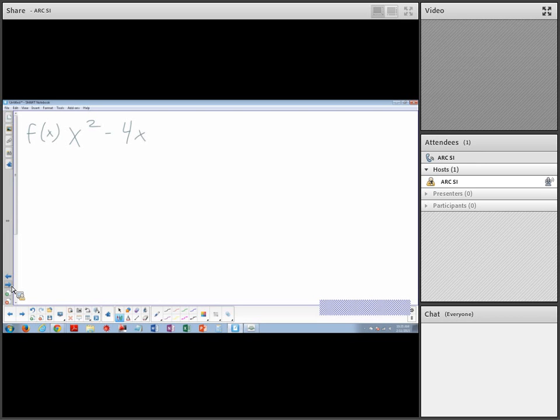F of x is equal to 32. Find where f of x equals 32. This is: find all real numbers x, if any, that satisfy the equation f of x is equal to 32. Okay.